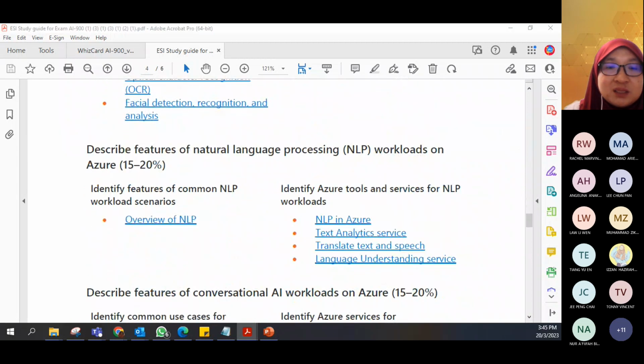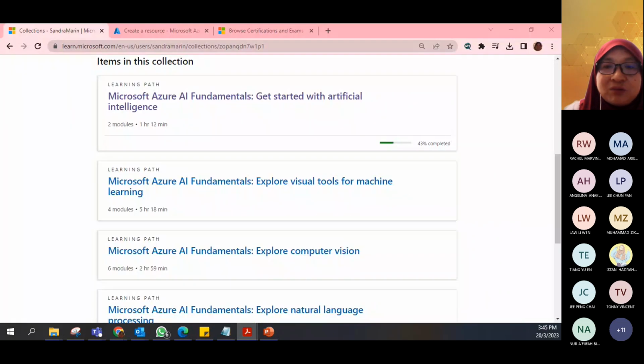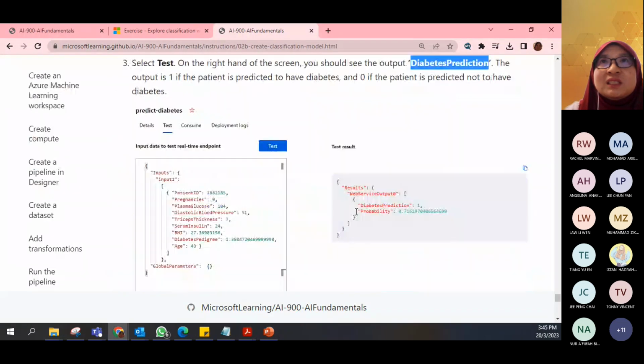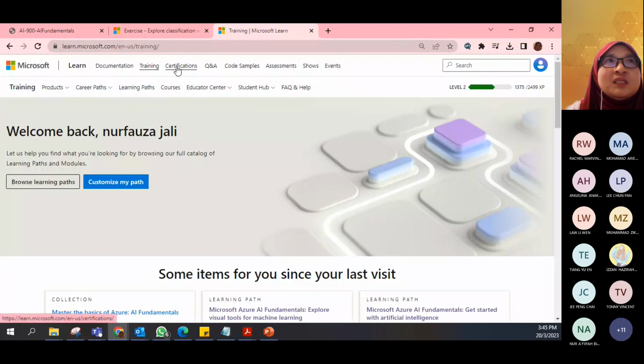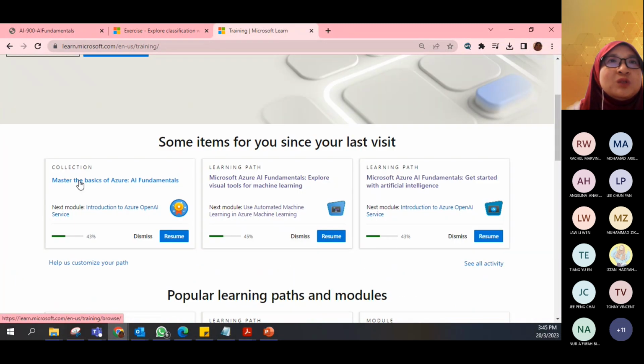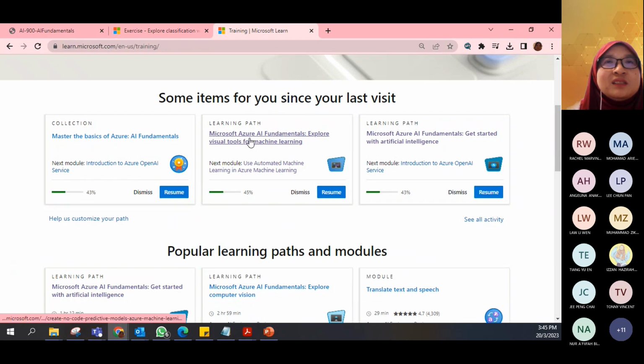Everything is available on the Microsoft platform, you just have to be diligent to explore. Like at the top here, go to Microsoft. Everything is here: certification, training, documentation, assessment. Just don't get lost going to other places.